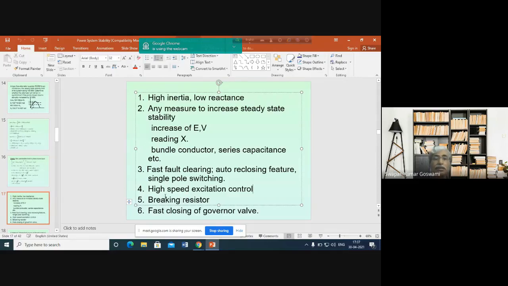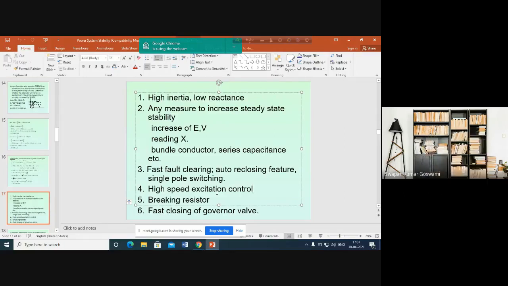Similarly, excitation controllers are also very effective in maintaining the transient stability of the power system. That means you can change the field current of the generator, and depending upon requirement, you can either increase or decrease the peak of the power angle curve, and hence you can control the available decelerating area and accelerating area, because these areas have influence on the transient stability of the power system.